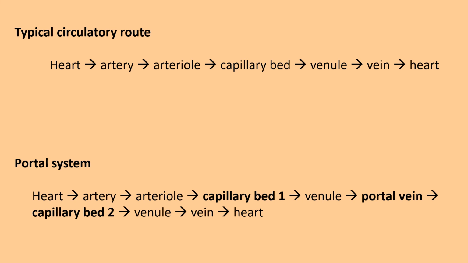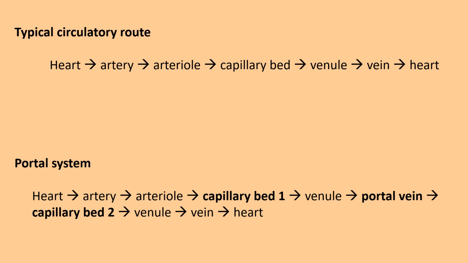In a portal system, there are two different capillary beds, capillary bed number 1 and capillary bed number 2. And those two capillary beds are connected by what's known as a portal vein. So blood moves from the heart into an artery, into arterioles, into the first capillary bed.